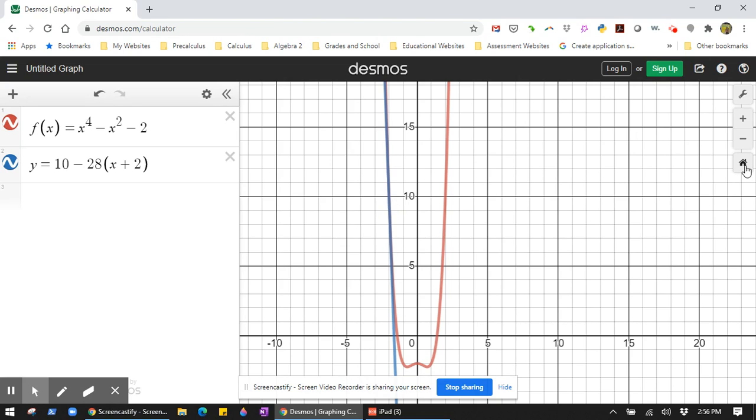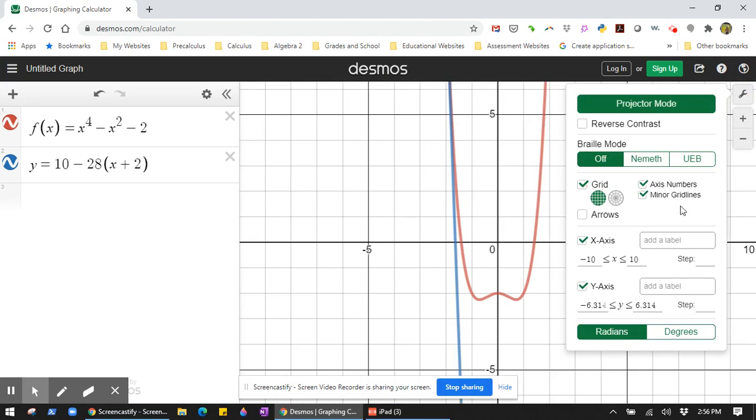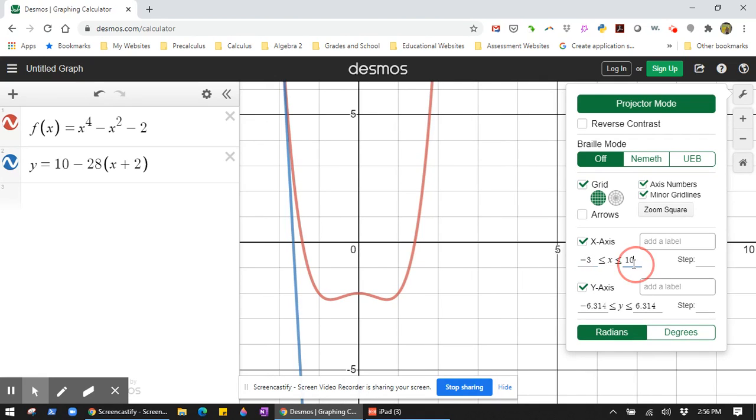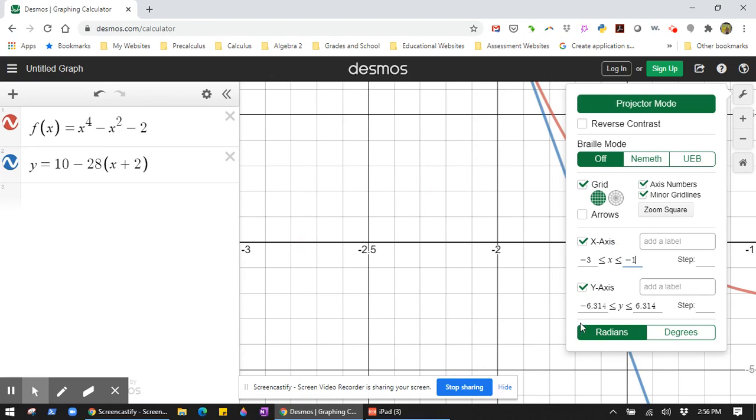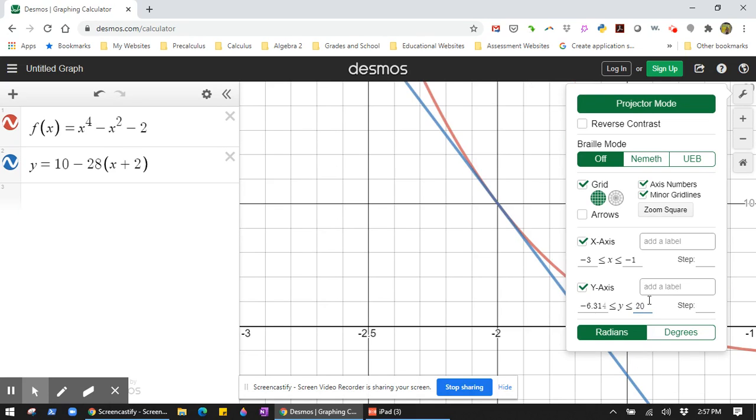They're almost identical. If we adjust the window here, let's make it like -3 to -1. We don't really need to see more than that. And let's make sure our y value goes up to like 10, but this is good enough.